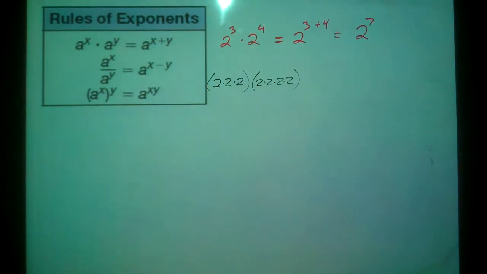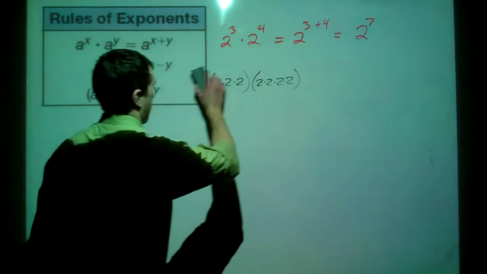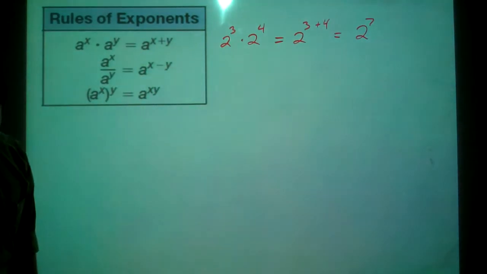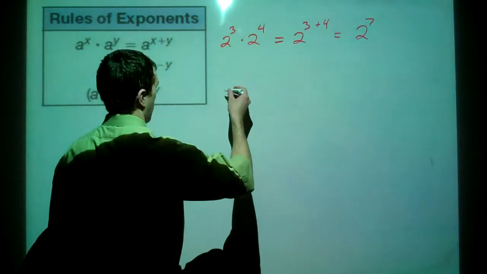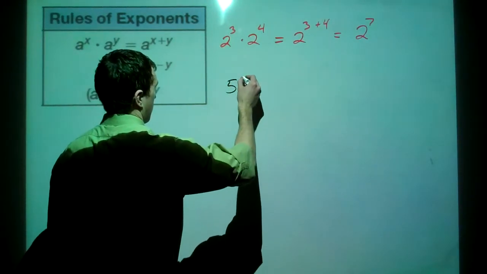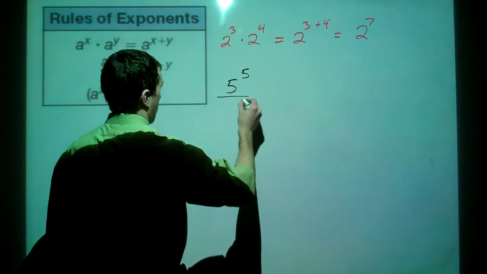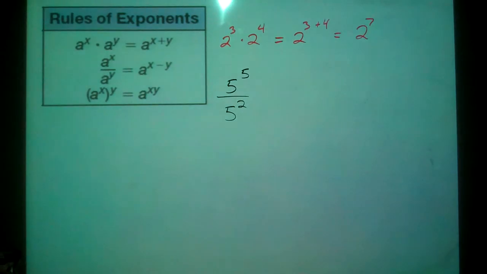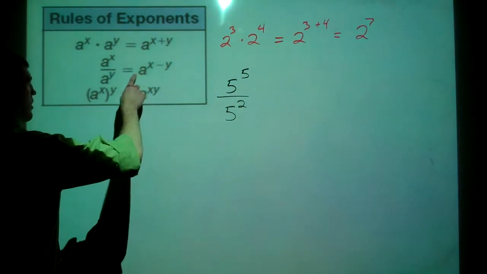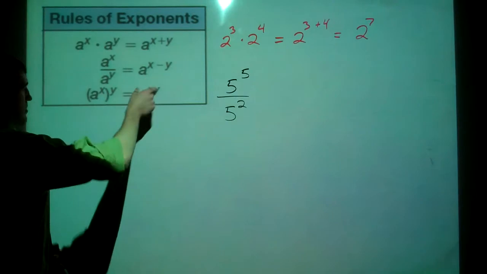Okay, same thing goes for when we divide. If we have the same base over the same base, we can actually subtract our exponents. So let's take a look at one of those. Let's go 5 to the 5th, all over 5 to the 2nd. This says our shortcut is we can do the top exponent minus the bottom exponent.